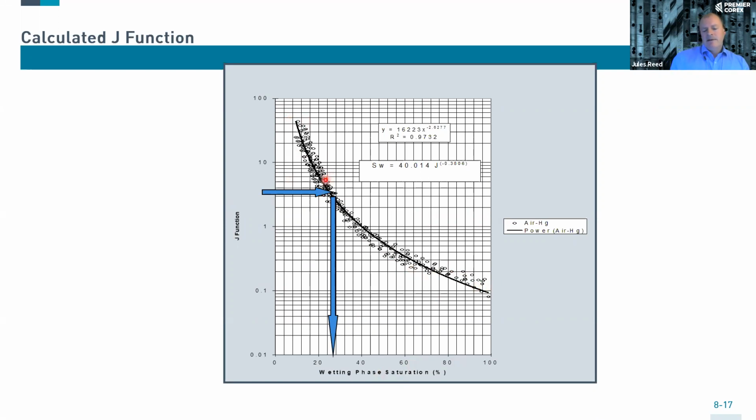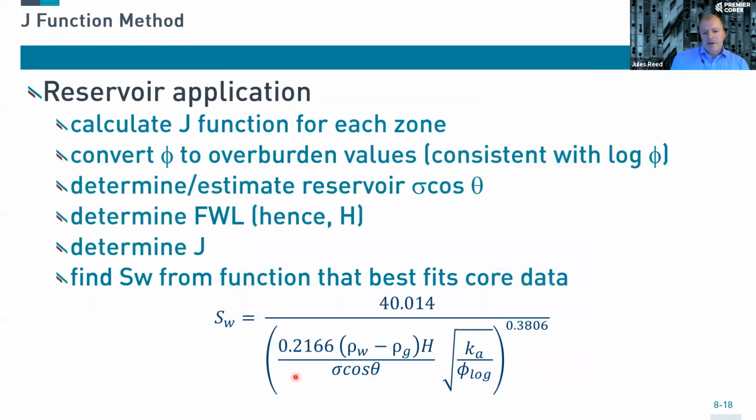So we obtain the equation of the curve, and this is it inverted, so saturation is this function of J, so 40 times J to this negative power. That then becomes the input, so there's the A, there's lambda, and this is my capillary pressure, or J term, including the permeability over porosity.